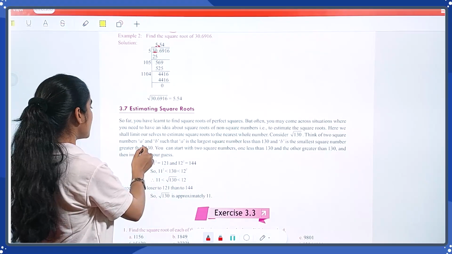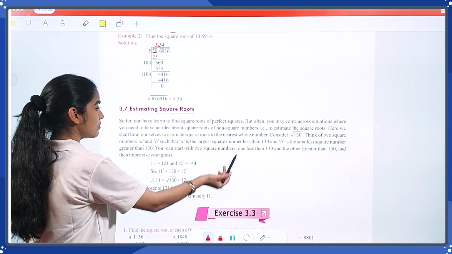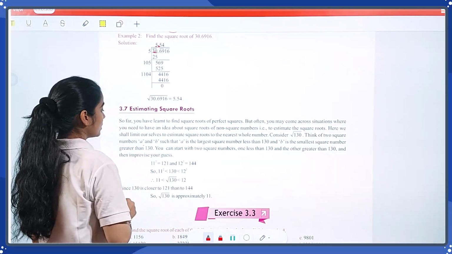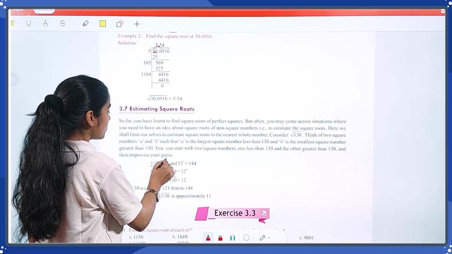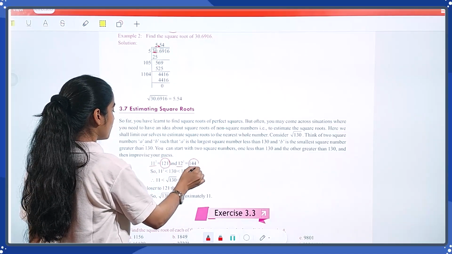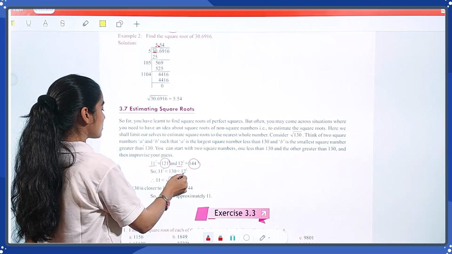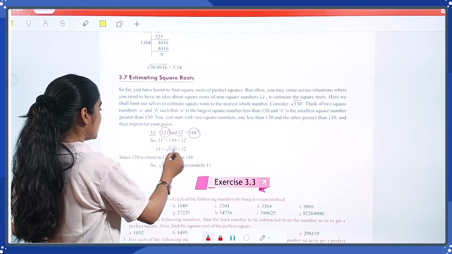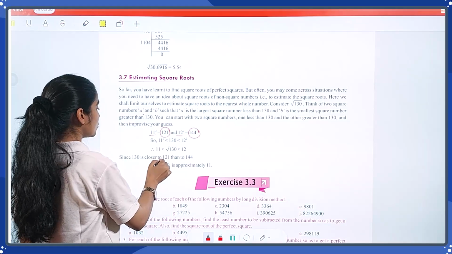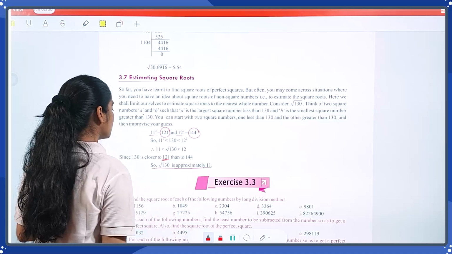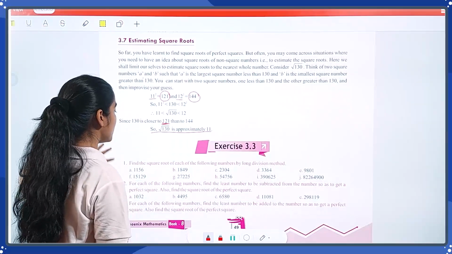Think of two numbers a and b such that a is the largest square number less than 130, and b is the smallest square number greater than 130. So 11 squared is 121 and 12 squared is 144. It means 130 lies between 11 squared and 12 squared. So for the estimation, since 130 is closer to 121 than to 144, the approximate square root is 11.